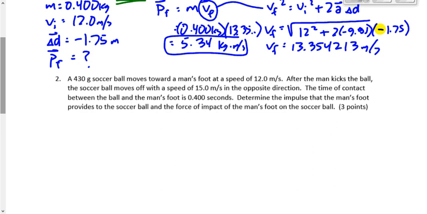Okay, number 2 says a 430 gram, once again, we have this gram thing that we have to convert. I've done that several times in this assignment. That's not a coincidence. I purposely did that several times to reinforce the idea that you need to be on the alert for grams and non-standard units so that we can convert those, right?